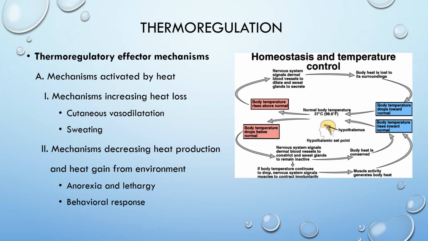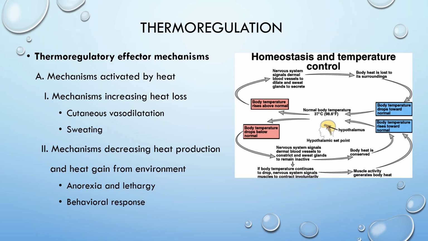So here, if the mechanism was activated by heat, two different types of mechanism will occur. The first one is the mechanism to increase heat loss. To increase heat loss, cutaneous vasodilation will occur, or heat loss will occur via sweating.